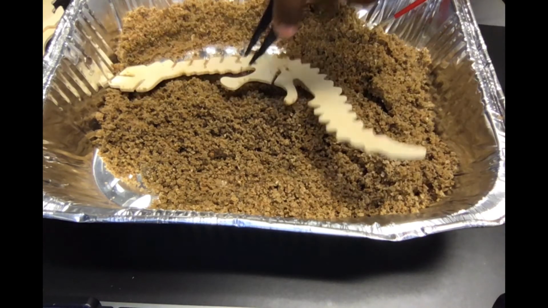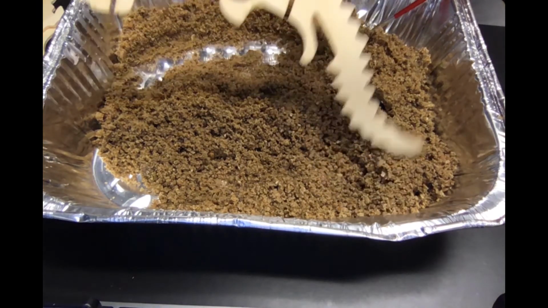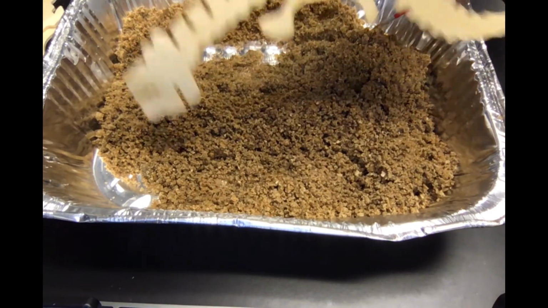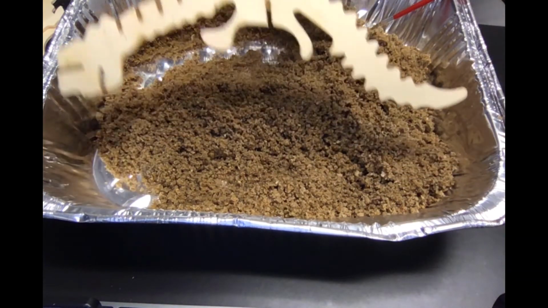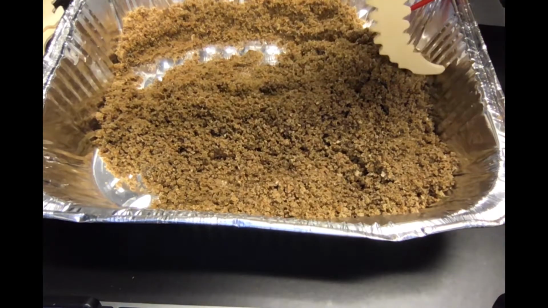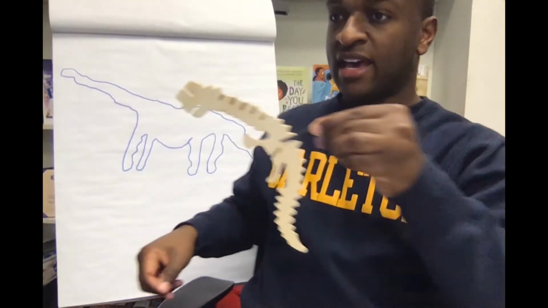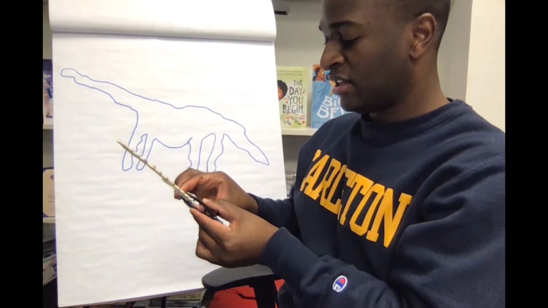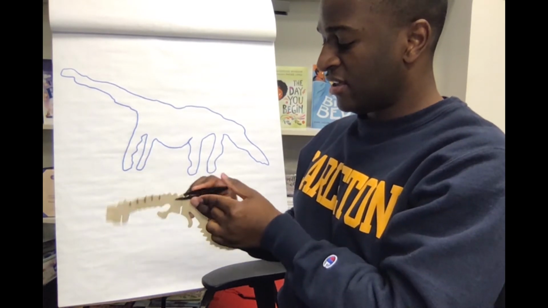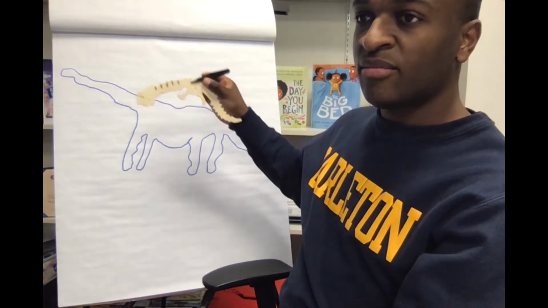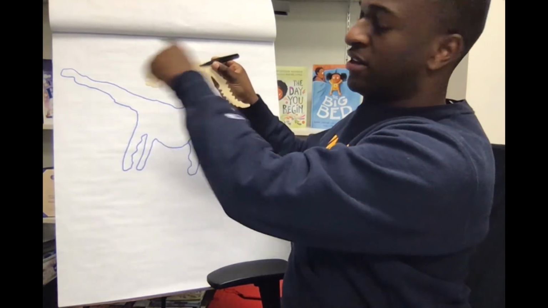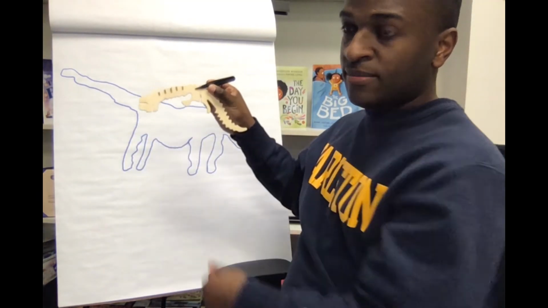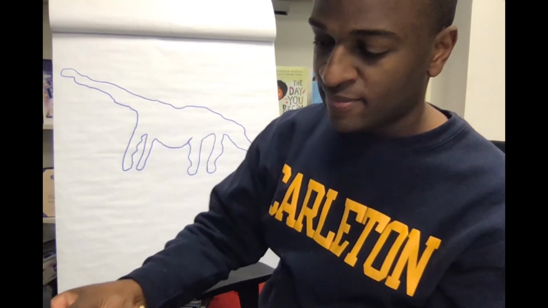Wow. Okay. So this is what we came up with here. This makes me feel like I might want to change my prediction, because I thought that it was an animal that looked like that, but it feels like this would be the spine, and that this dinosaur goes like this. Maybe.